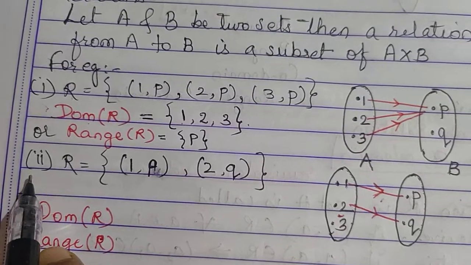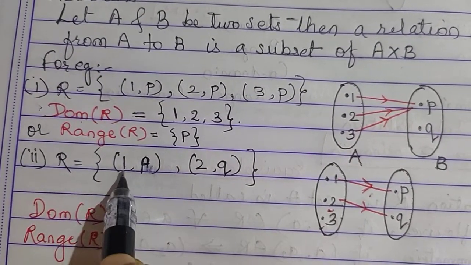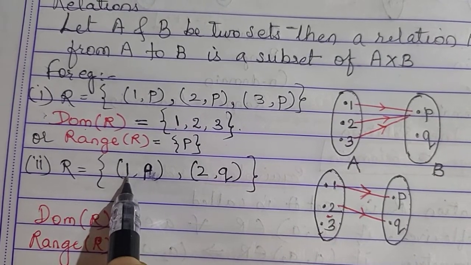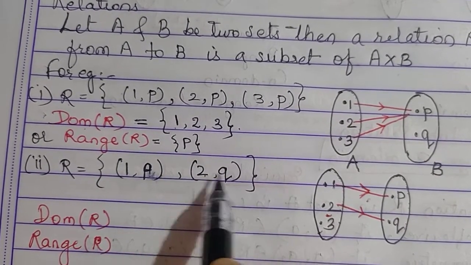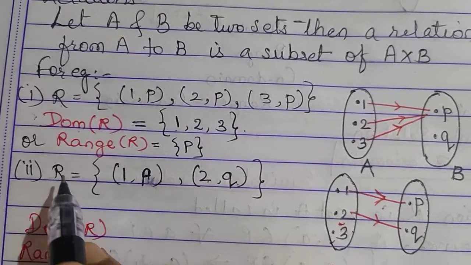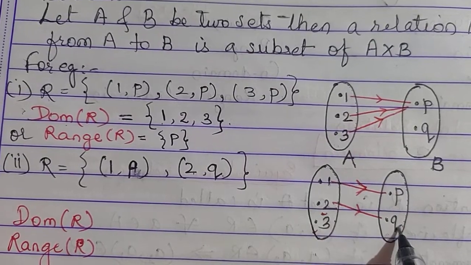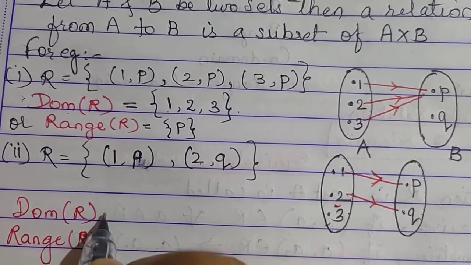Okay. In the second example, in this set R, this is the relation. I have considered two elements 1p and 2p only. So this is also a subset of that Cartesian product, and hence it is a relation. 1 is related to P, 2 is related to P. Here what is the domain?